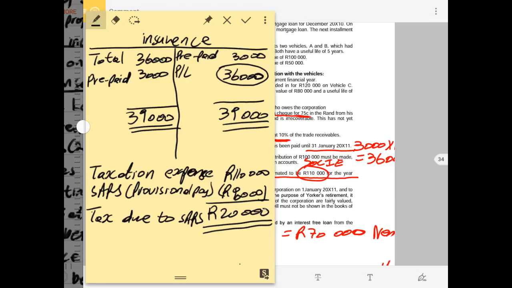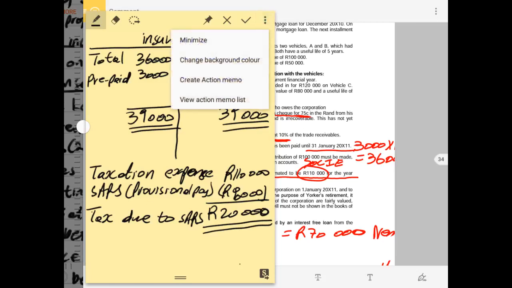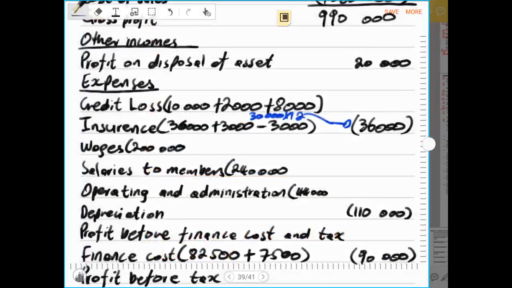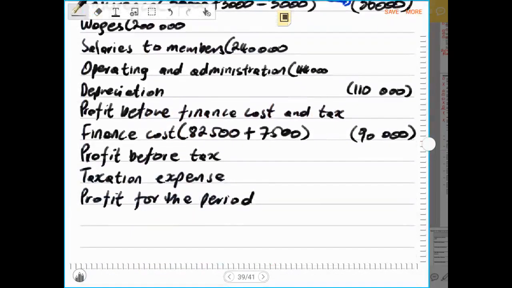If the payment was above the tax expense, that will be tax receivable from SARS. So now that is important only for the balance sheet, but also it's very good to know how to calculate that. So we can just go and record tax expense in the income statement. I think I've made a provision for that. Yes, tax expense is 110,000 rands.